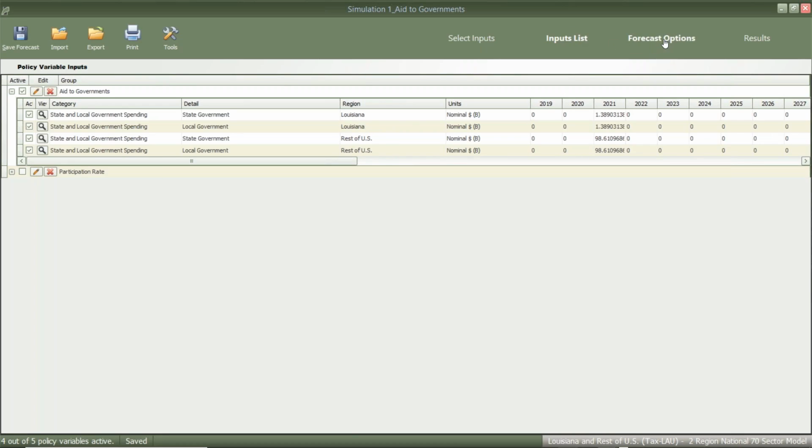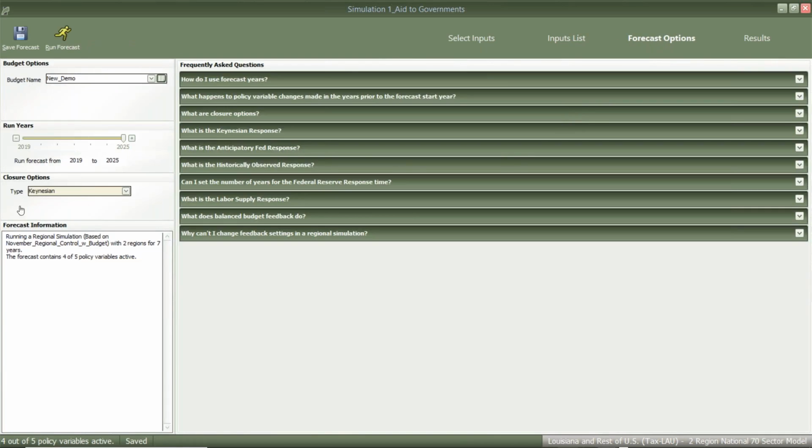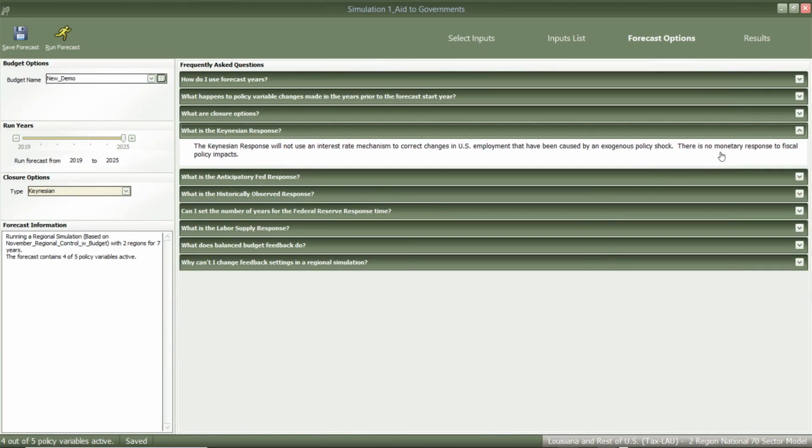And then we can go to the forecast options here. So one thing that I would like to introduce is the closure options. We are using a Keynesian type, so that means there's no monetary response to fiscal policy impacts. So we only consider the fiscal impacts here.